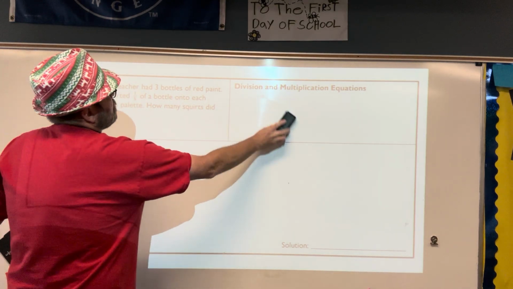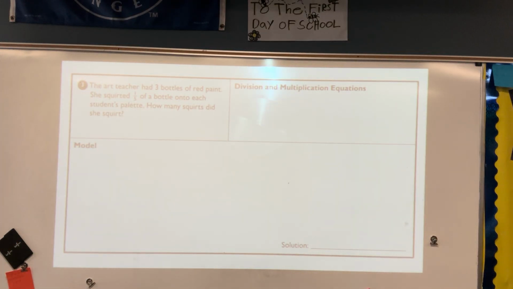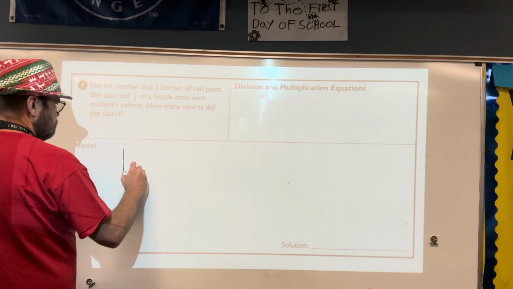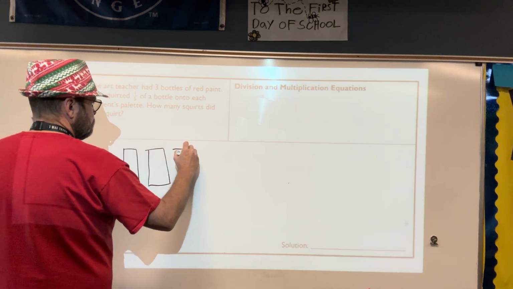The art teacher had 3 bottles of red paint. She squirted 1/5 of a bottle into each student's palette. How many squirts did she squirt? We have 3 bottles. This is our model.